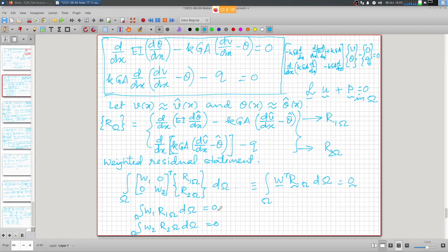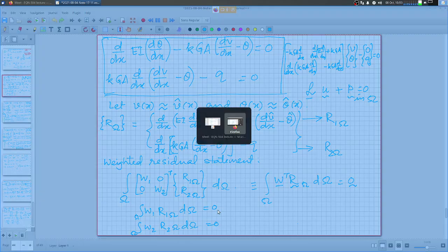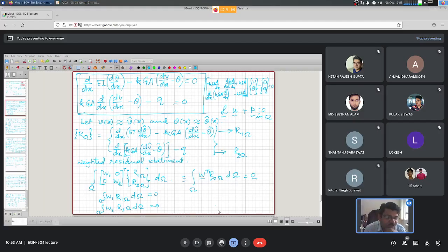Right? So operationally it makes no difference whether you have one weighted residual statement or n number of weighted residual statements. The treatment is going to be exactly identical, a little bit tedious, but no different from what you have seen for one equation.